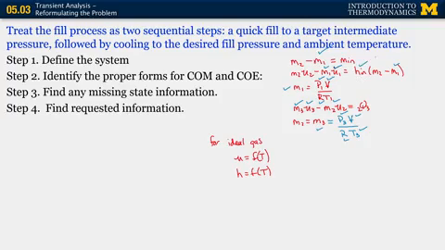Okay, so we're starting to track things down. We know the mass at 3, which means we know the mass at 2, and that was a key connection because I needed the mass at 2 in order to come back to this expression and say, I know the mass here at 2 and here at 2.